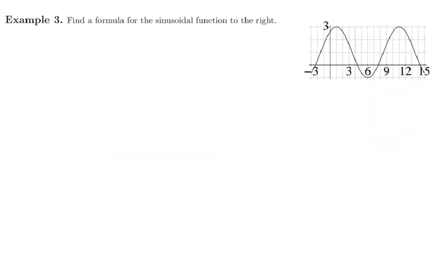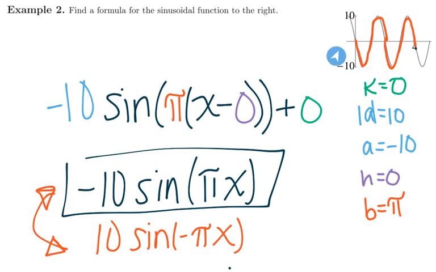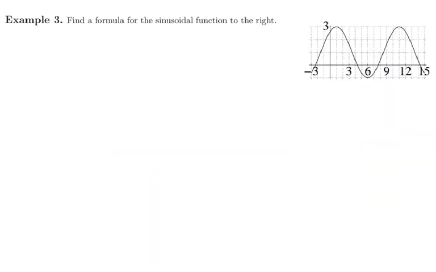For example 3, we're asked to find a formula for the sinusoidal function pictured to the right. Once again, this graph is a little different from the other one. In the other one, it was really clear whether or not we should use sine or cosine, because our starting point lined up kind of perfectly with the starting point for our sine function. In this example, however, we see that our starting point, if we call our y-axis our starting point, is off.